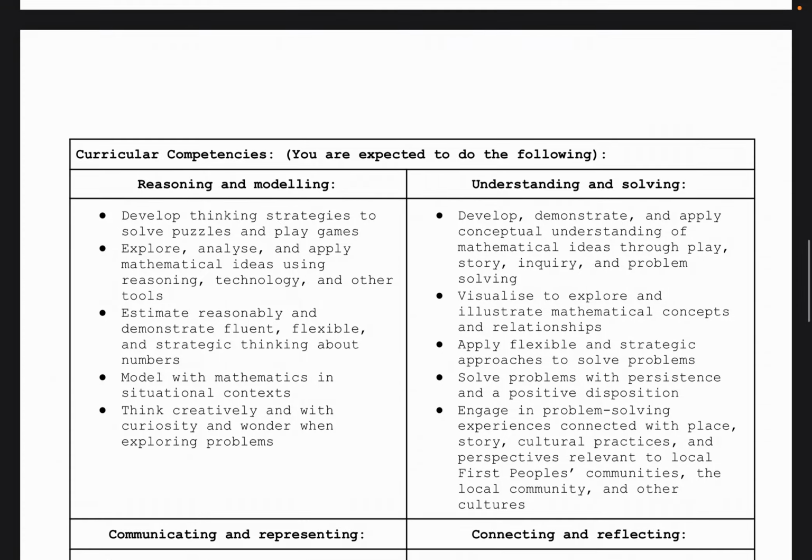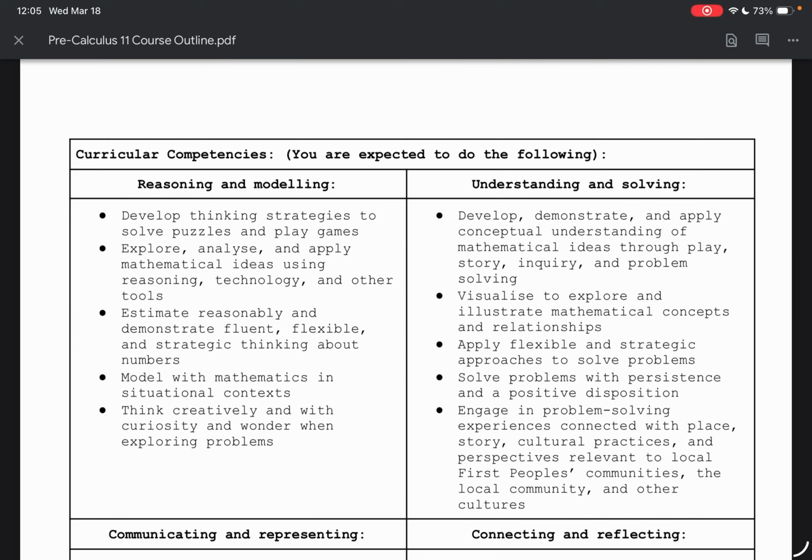The next column is understanding and solving. Develop, demonstrate, and apply conceptual understanding of mathematical ideas through play, story, inquiry, and problem solving. Visualize to explore and illustrate mathematical concepts and relationships. Apply flexible and strategic approaches to solve problems.